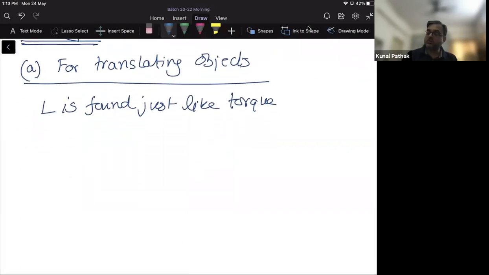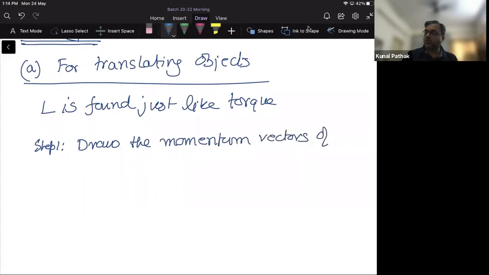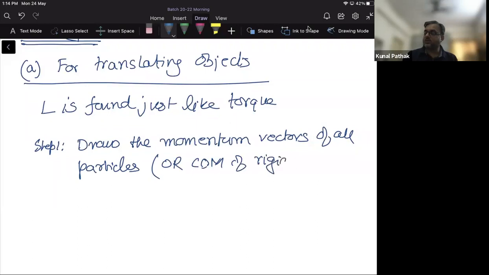So what you do is that step one, you draw the momentum vectors of all particles, or center of mass of rigid bodies if they are translating.